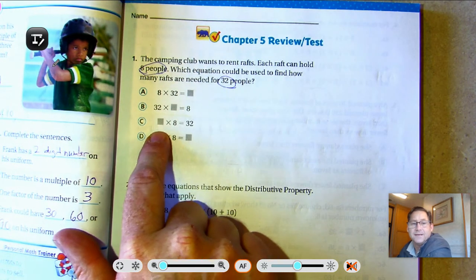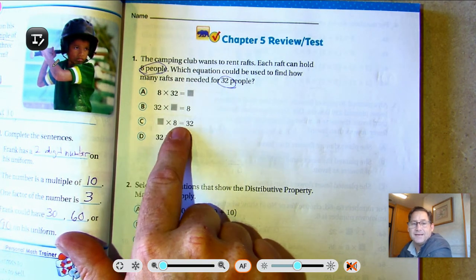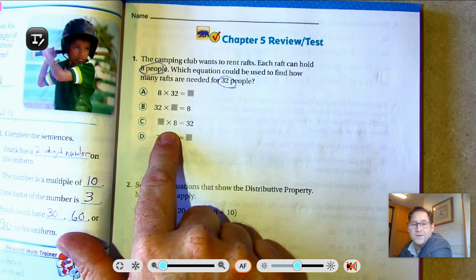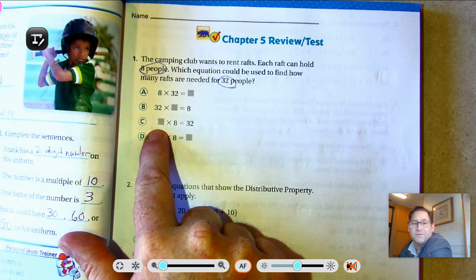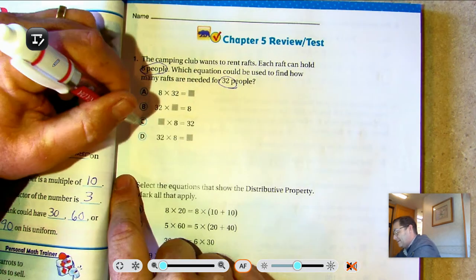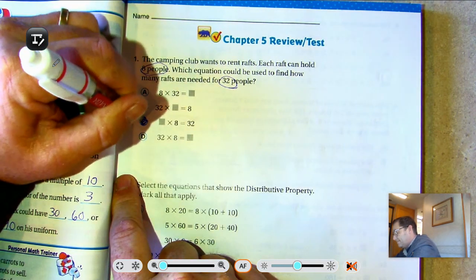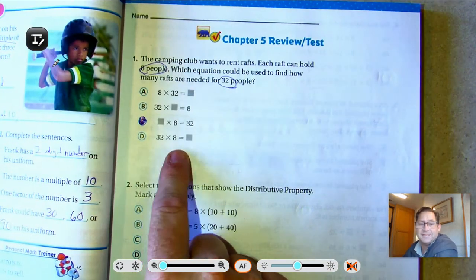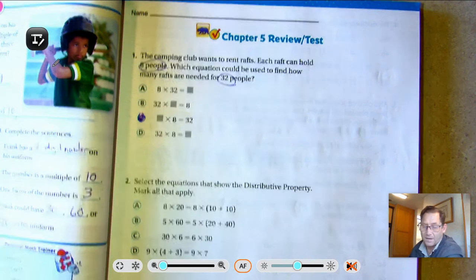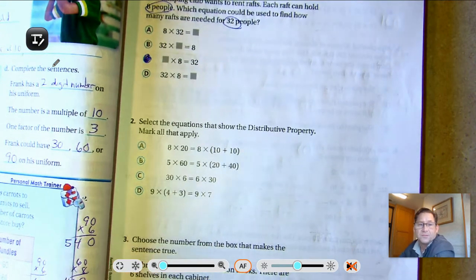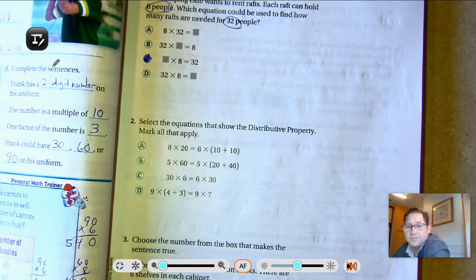Some number times 8 is 32. 8 would be the people per raft, 32 the number of total people, and the blank would be the number of rafts. That makes sense. And 32 times 8? No. That's the same as this one, just backwards. Commutative property, right?